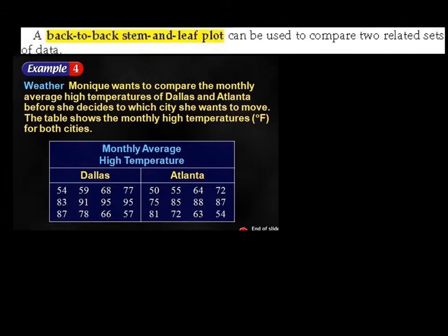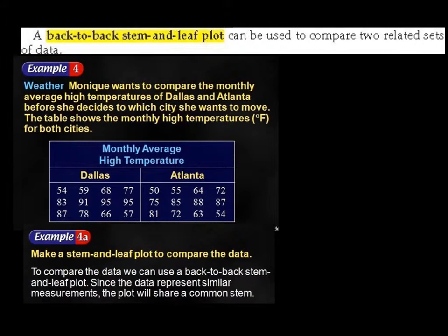You've seen those before, but have you seen a back-to-back stem and leaf plot? It can be used to compare 2 sets of data. Monique wants to compare the monthly average high temperatures of Dallas and Atlanta before she decides which city she wants to move to. The table shows the monthly high temperatures in degrees Fahrenheit for both cities. To compare the data, we can use a back-to-back stem and leaf plot.